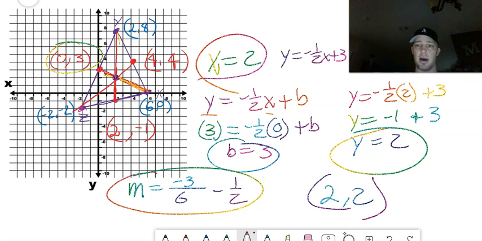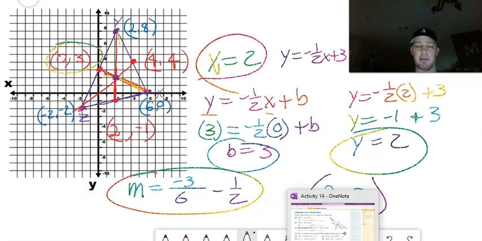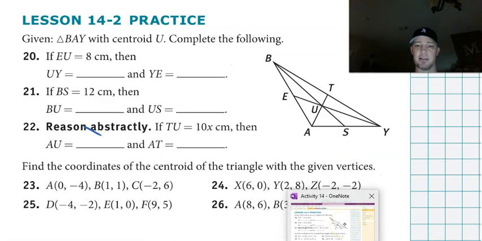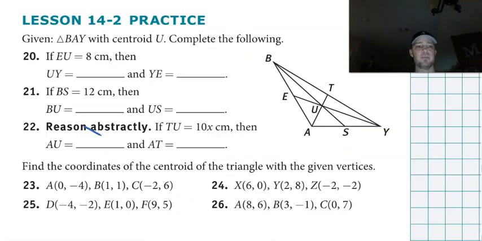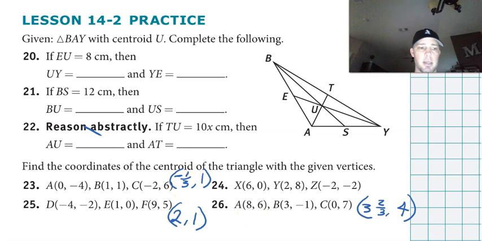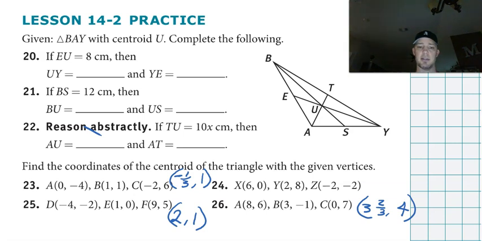All right. Now that we're done here, obviously you can refer back to this for the example, but I'll pause the video here, and I'll put the answers up in just a second for 23, 25, 26 as well. All right, so here are the answers for 23, 25, and 26.